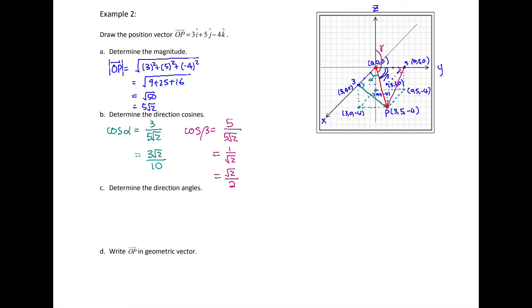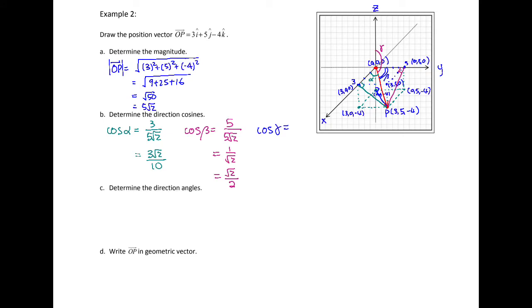Finally, I want to find the angle gamma. In order to find this angle, I need to use this triangle here to help me out. So I draw another right triangle. And as you can see, at this angle, this is a 90 degrees angle. So we're going to label them. Now, because this z value is actually negative, so it's negative 4. So if I do adjacent over hypotenuse again, because the value for the cosine ratio is negative, it will return an obtuse angle for me, which is gamma.